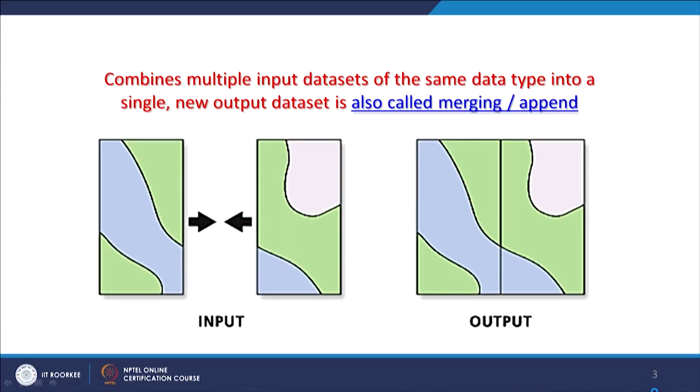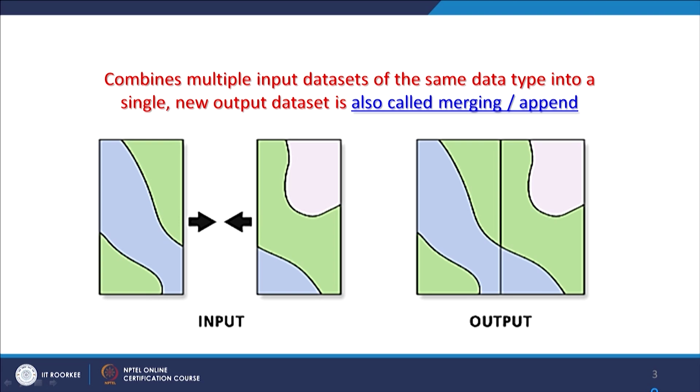But sometimes two adjacent scenes may have different dates, generally they do, and if the time gap is big between these two adjacent scenes, then it becomes very difficult to remove the seam or the changes which are present in the two different images.